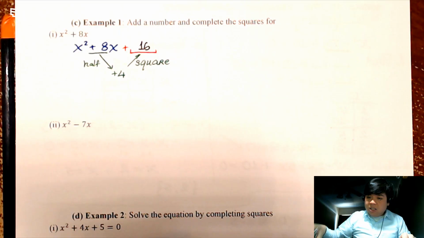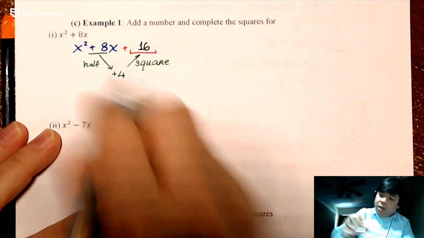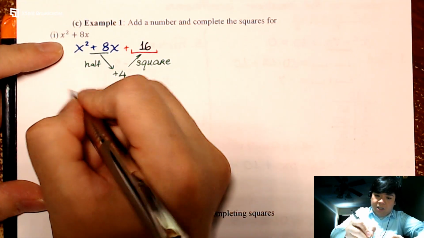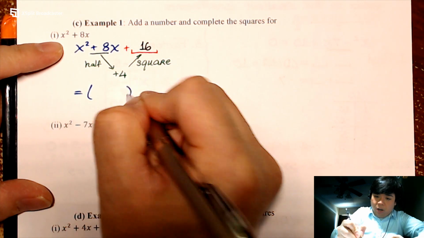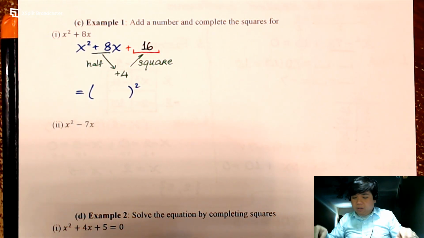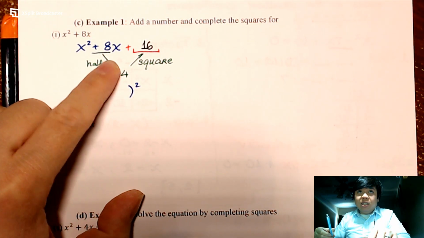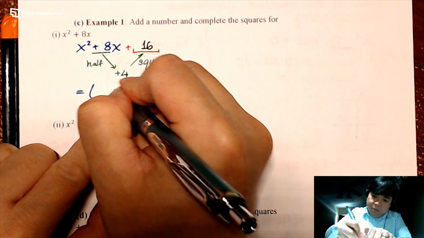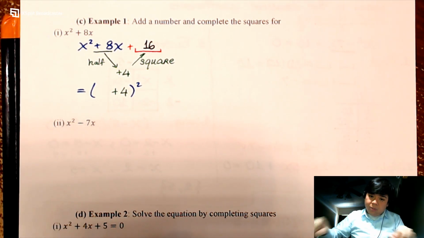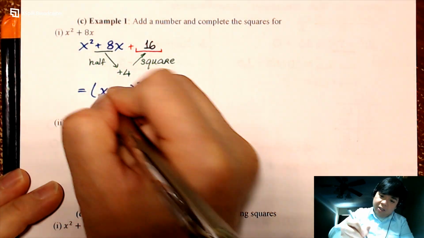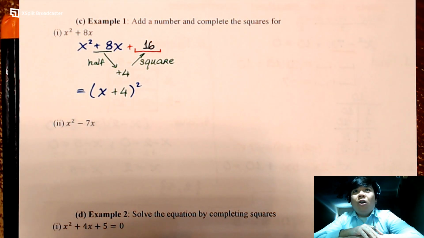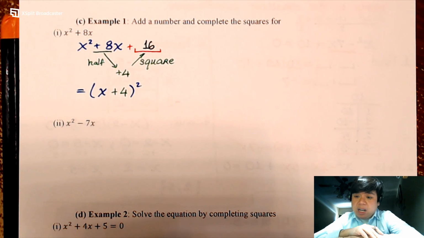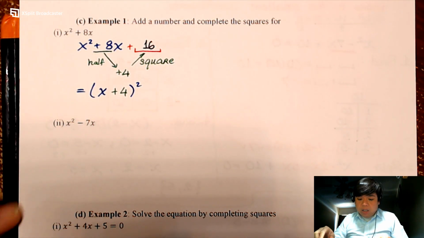Once we add 16, we will have what? A square. And that's where we have this number, the half. Now we have x in it. Okay, so that is complete square. That's nice and all, but it could be even better.